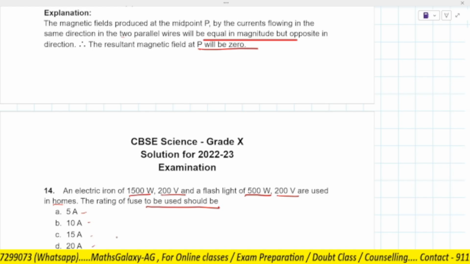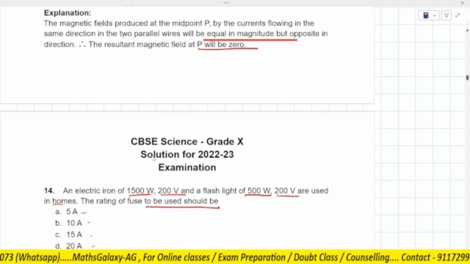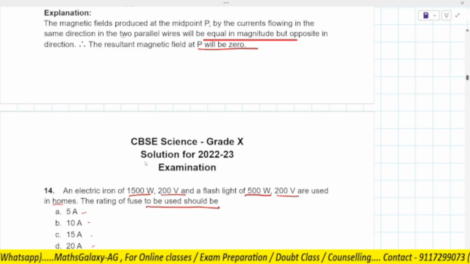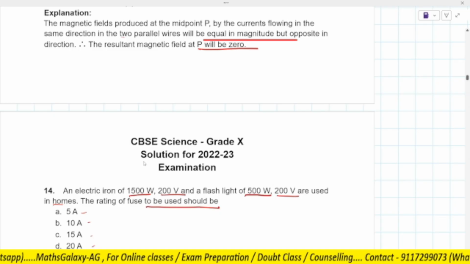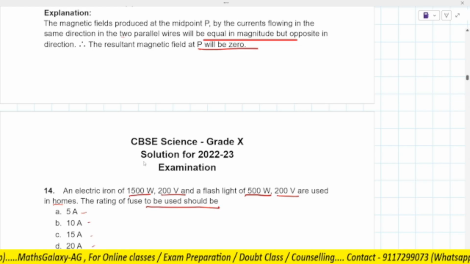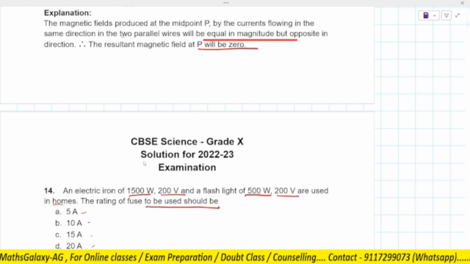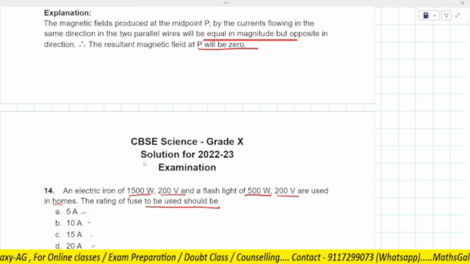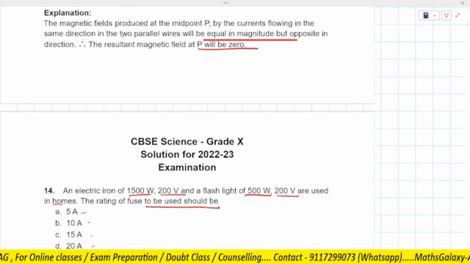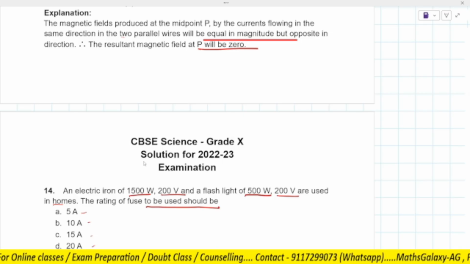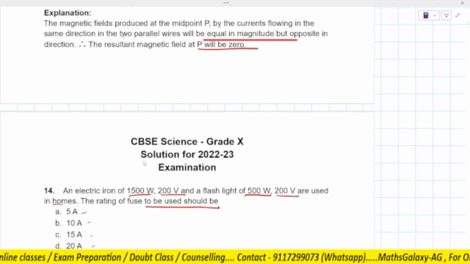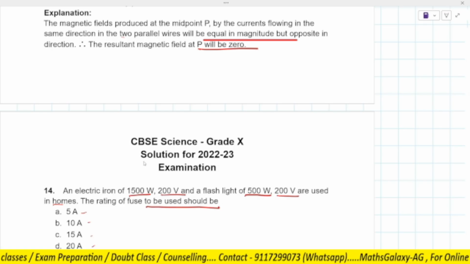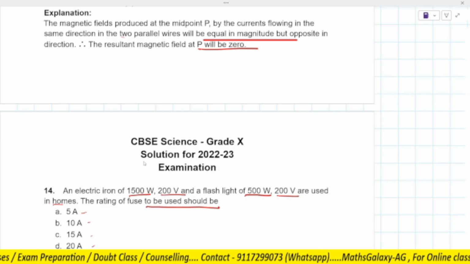Here you have to use the formula I equal to P by V, but first we have to calculate the total power, that is 1500 watt and 500 watt, so it will be 2000 watt. And after this we will use the formula.